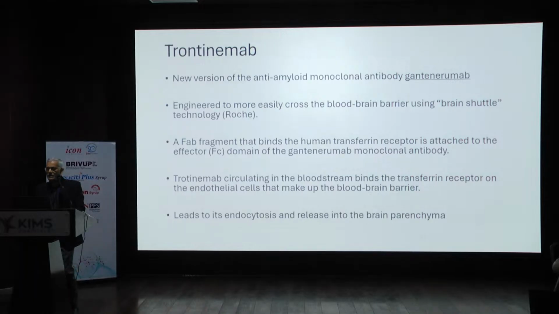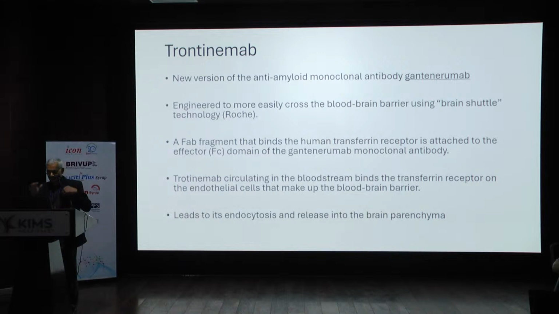Now, another drug which is there in the pipeline is the trontinemab. This is a monoclonal antibody developed by the Roche people. It is almost like gantenerumab, but it is engineered.